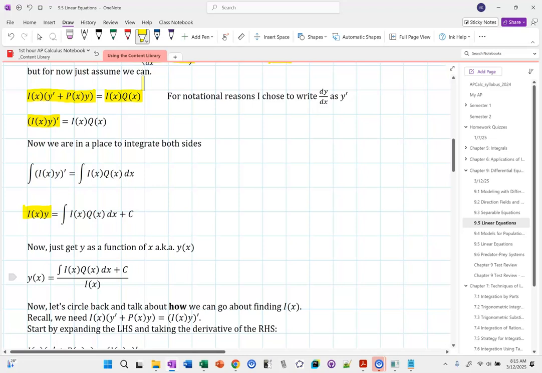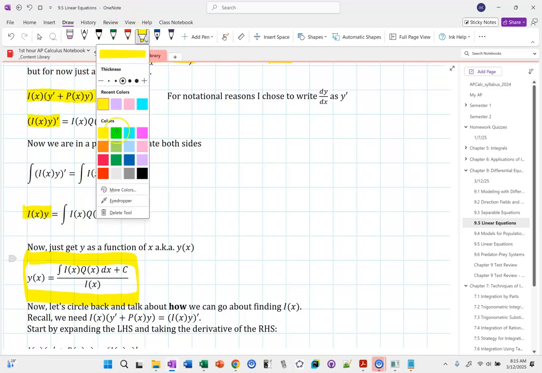And if I just divide by I of x, then I have that, right? Where y of x is equal to the integral of I of x times q of x dx, and then we'd get a plus c from doing that, divided by I of x. Everybody okay with that notion?